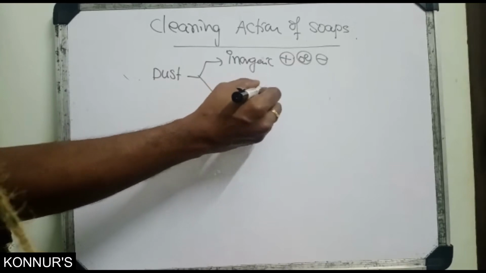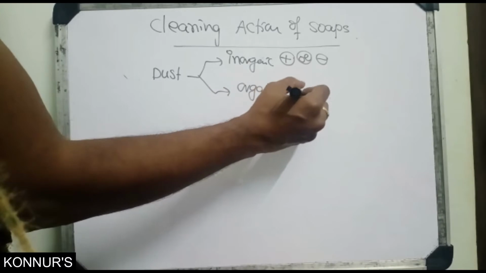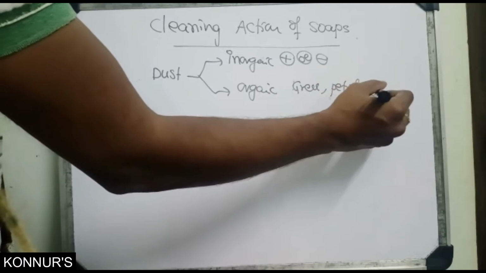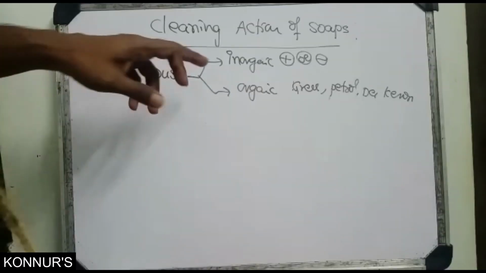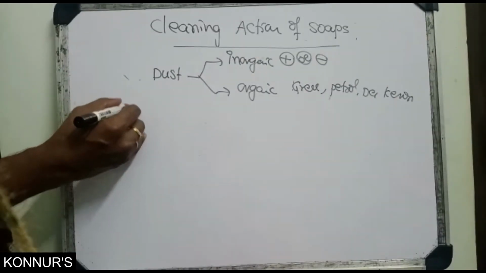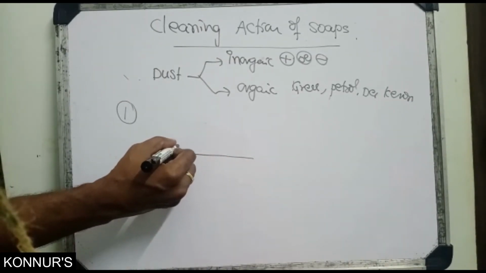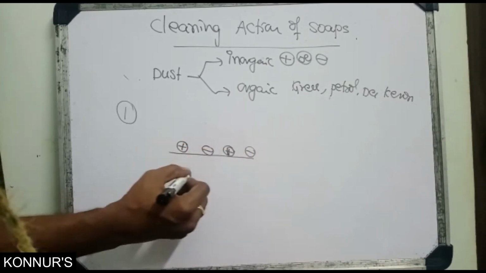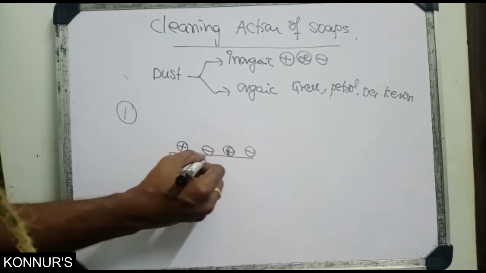Next, organic dust means grease, petrol, diesel, kerosene, all present on the cloth. Dust is the best example of inorganic. Suppose we take a cloth. Our cloth contains dust particles with full positive and full negative charge on the surface of the cloth.